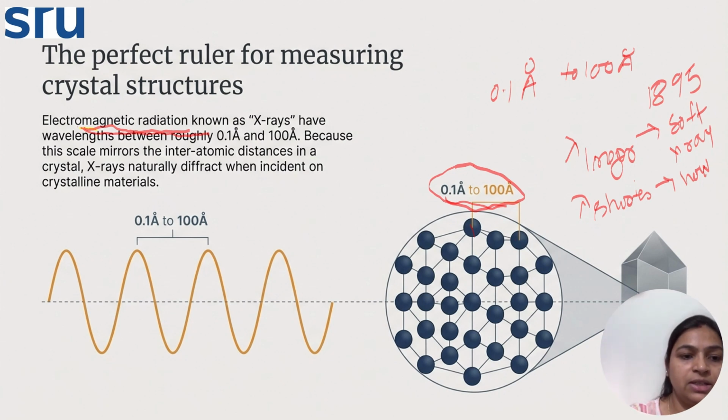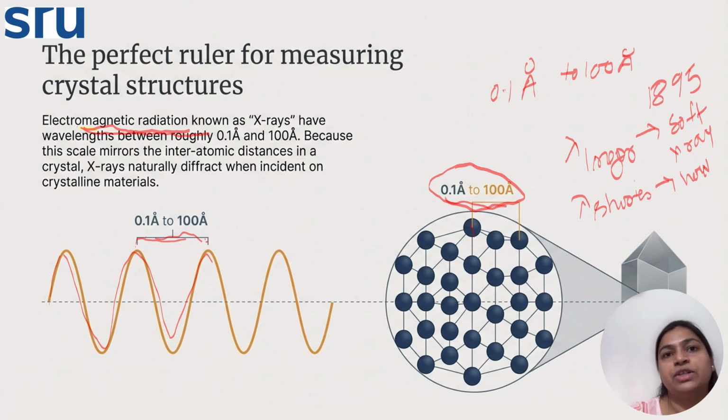We say X-ray is an electromagnetic wave with a range of roughly 0.1 to 100 angstrom. This range and the interatomic distance are almost equal, so X-ray can be used to detect it.